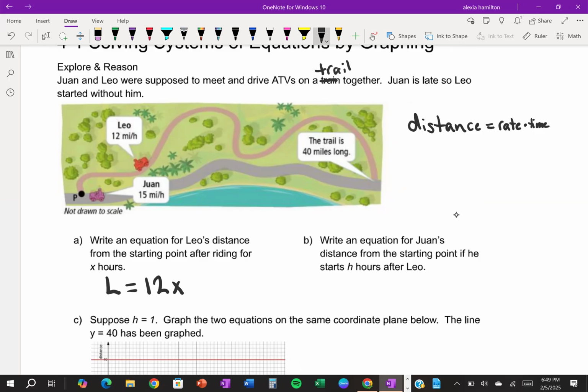Okay. And then Juan started. So for part B, we're writing an equation for Juan's distance from the starting point, which is point P, if he started h hours after Leo. So we still have rate times time, but he was h hours after Leo.